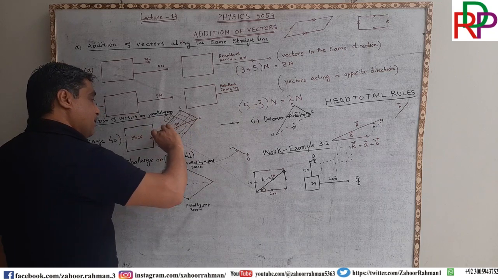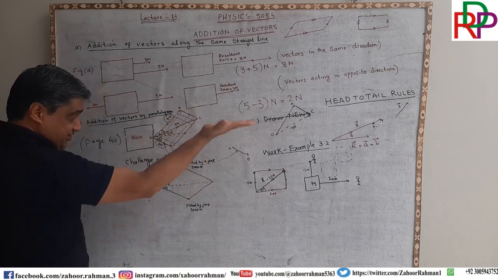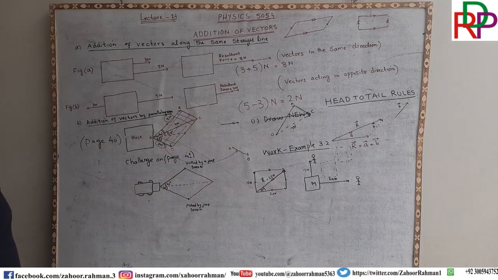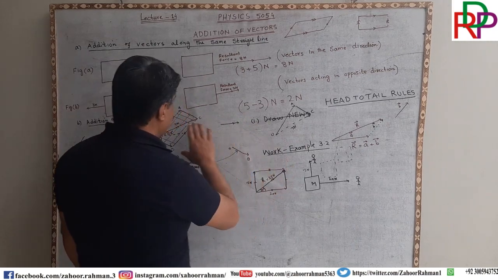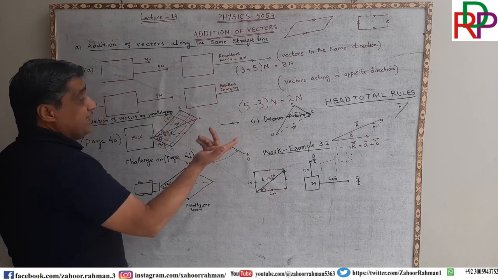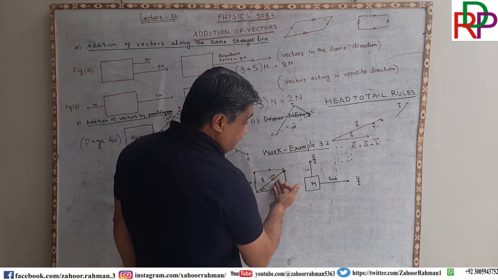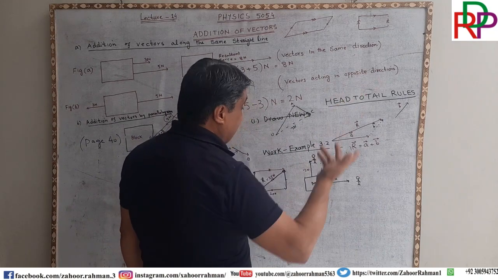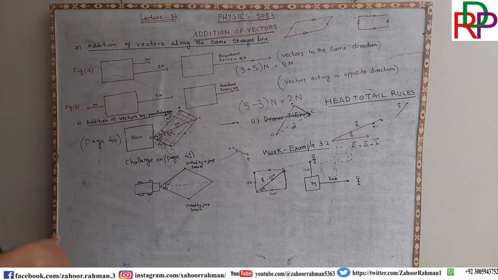This block will move in this direction, not in the straight line, which is the horizontal axis. In this case also the forces are different. In this case also the forces are different. So it is moving to one side with an angle.